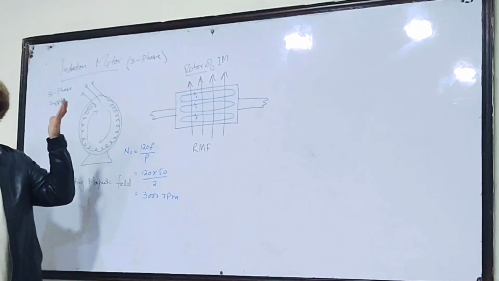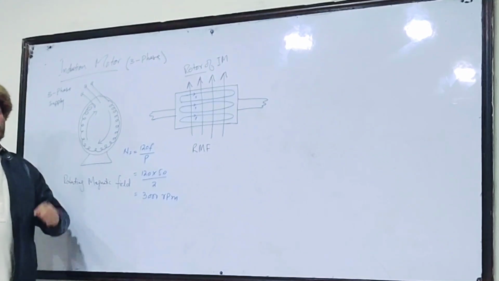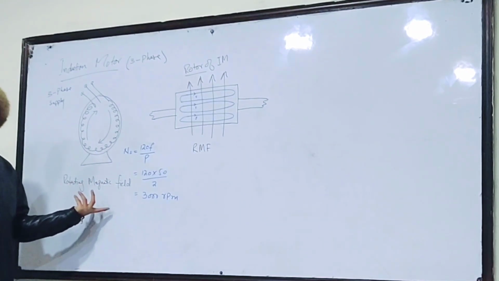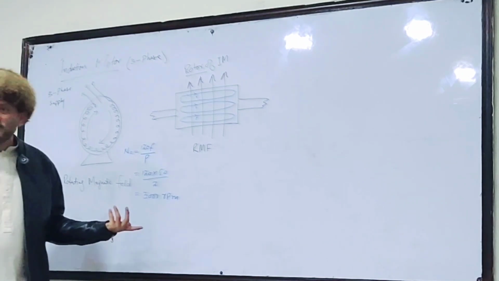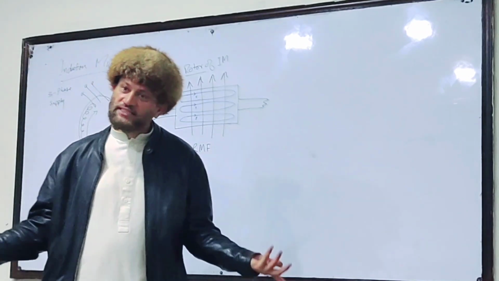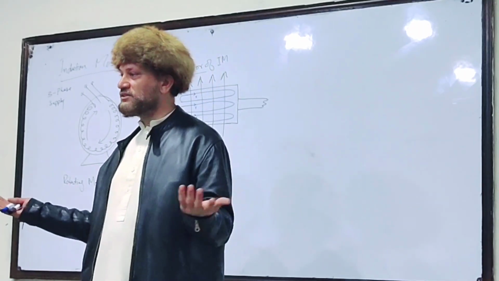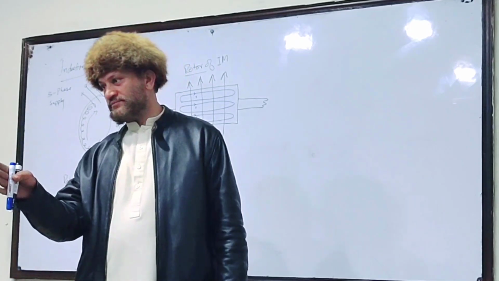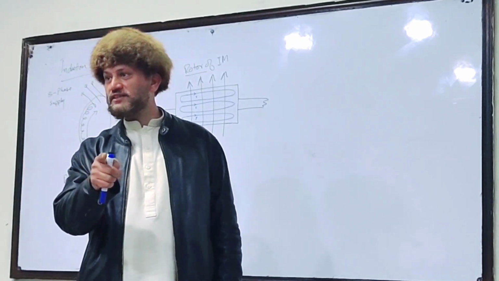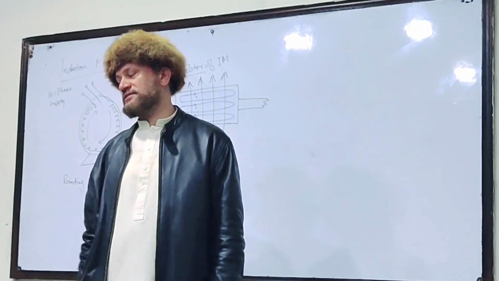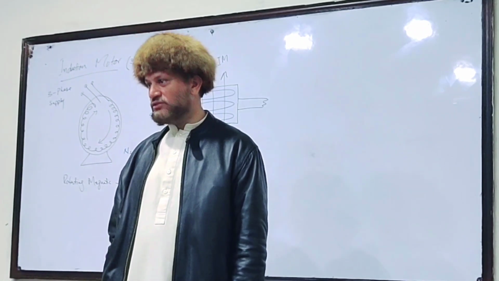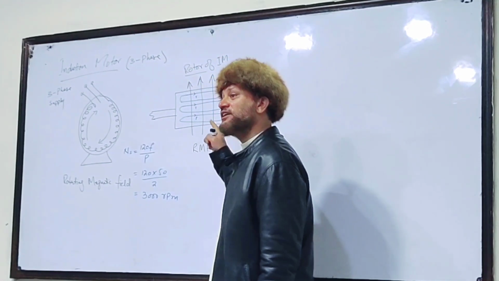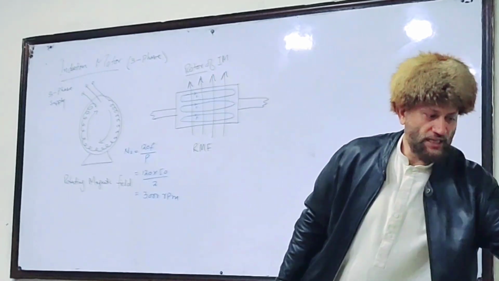So these are current carrying conductors in a magnetic field, because the rotating magnetic field is a magnetic field. Whether it is rotating or stationary doesn't matter. When you lay a current carrying conductor in a magnetic field, there will be a force on that conductor. Is it true? So on each conductor or each bar, there will be a force like this.